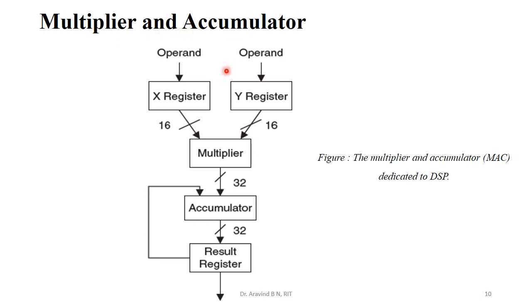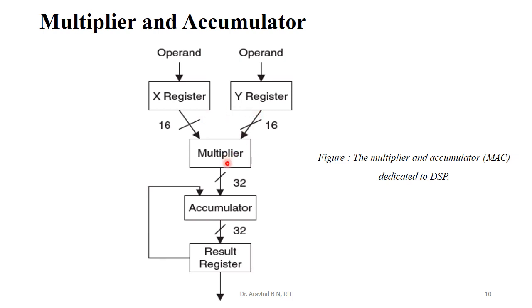So multiplier and accumulator is a special unit present in almost all digital signal processors to perform the fast multiplication operation. So here we are going to have two registers X and Y, which are going to hold 16 bit data. These two are the operands. For multiplication, the data from these two registers will be sent to the multiplier.